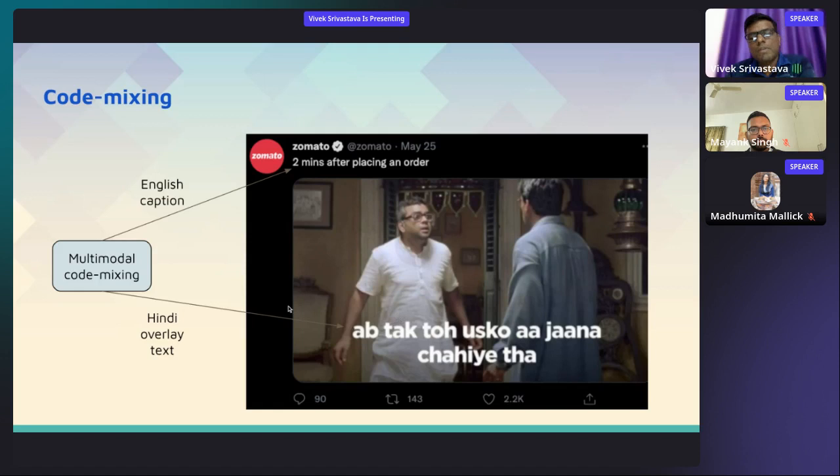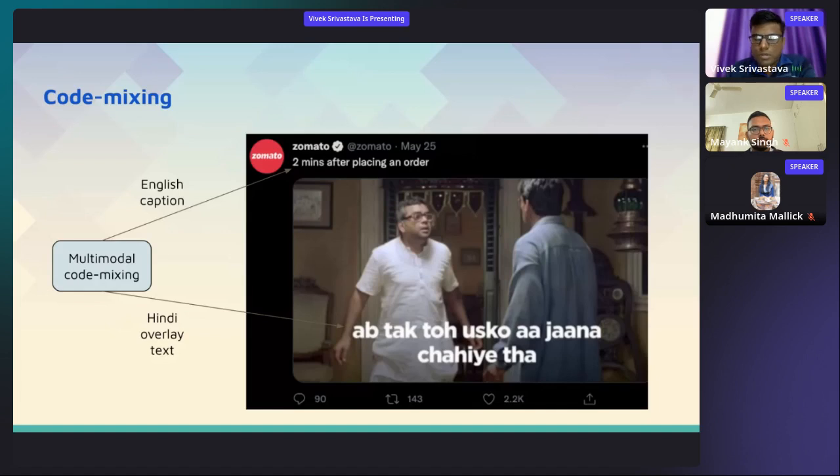So this is sort of an example of multimodal code mixing, and this is an open research area. People have generally not addressed this kind of problem so far. We have seen works where people address text independently, where they address audio independently, but the multimodal kind of thing is still out of the picture.